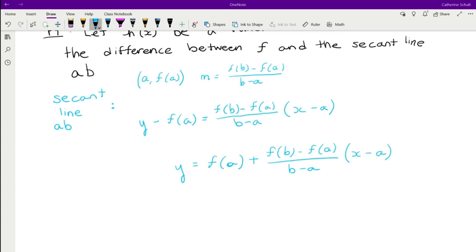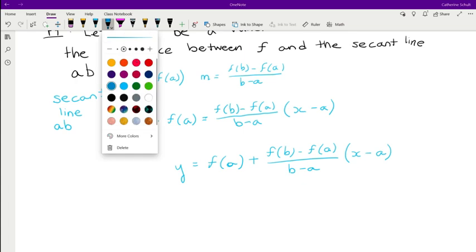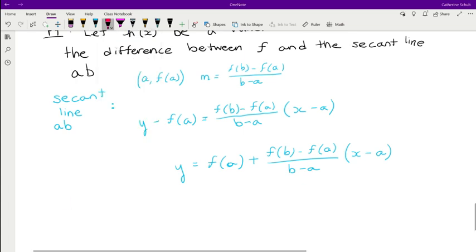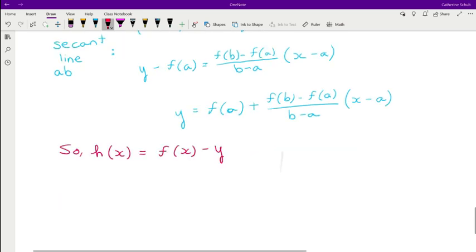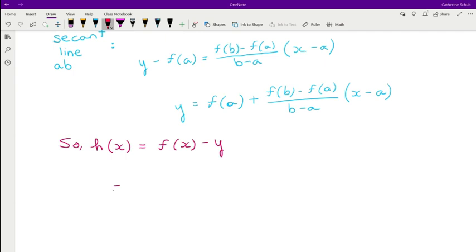All right. So now that we have that, we can define h of x mathematically, of course. So h of x is going to be the difference between the function and the secant line, and we just called the secant line y. Okay, so it's going to be f of x minus y.